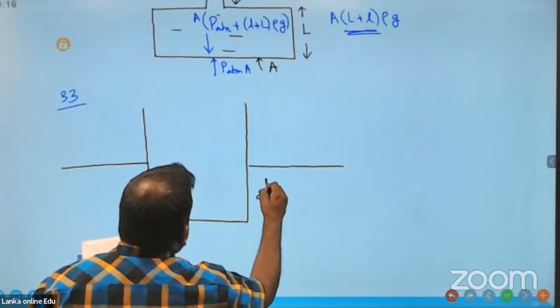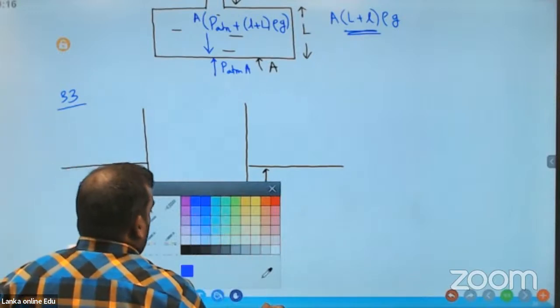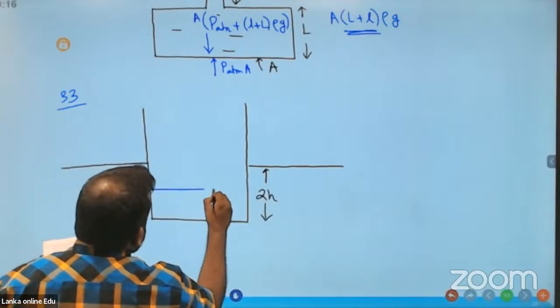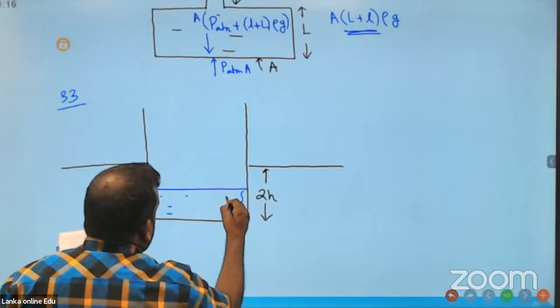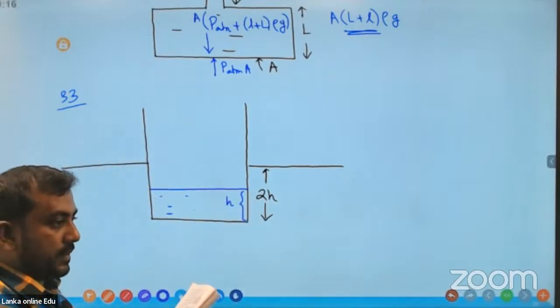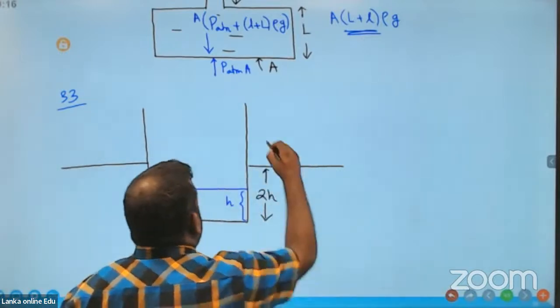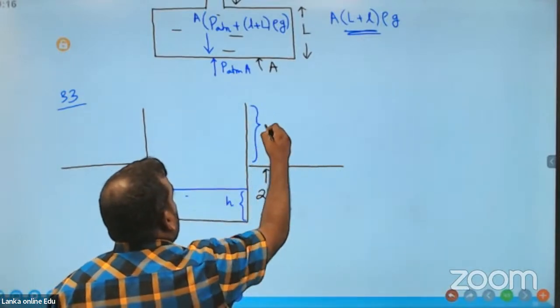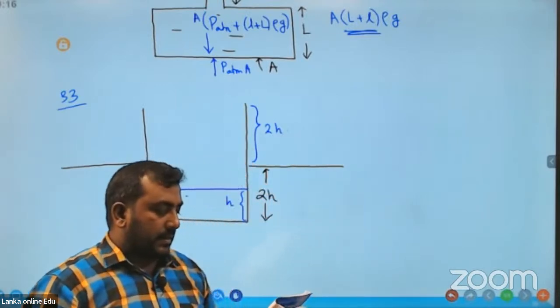Right. So here you have water here, 2h. And there is water here as well. Inside here, H. Outside here, there is another 2h there. What are they asking?